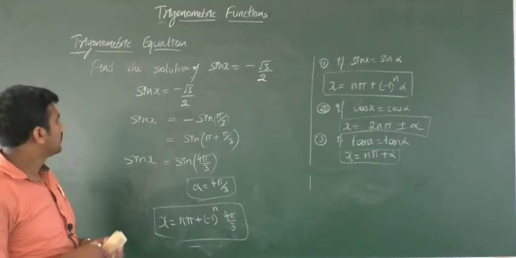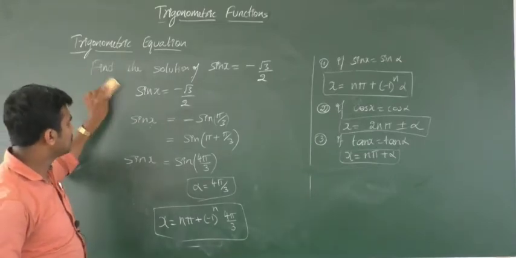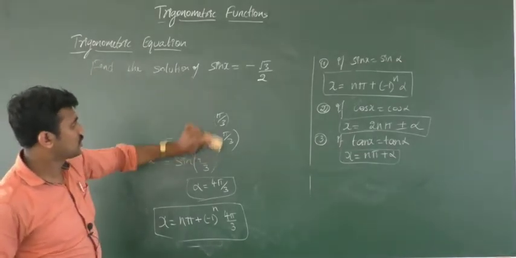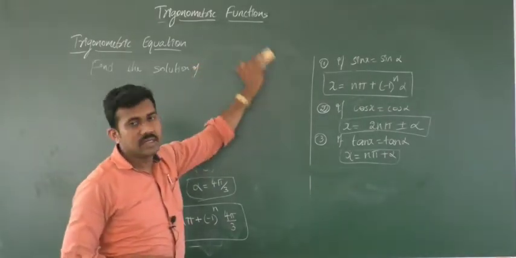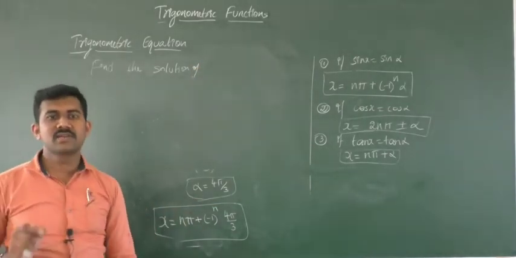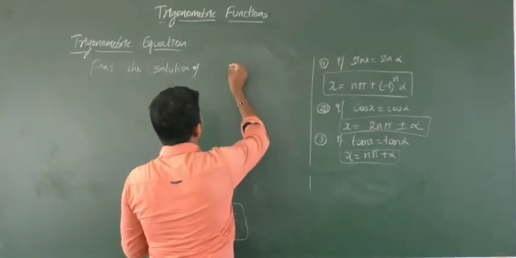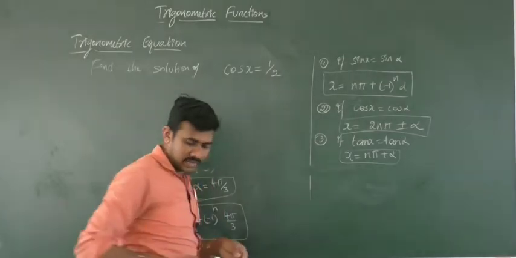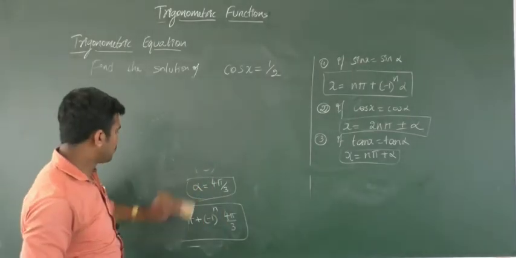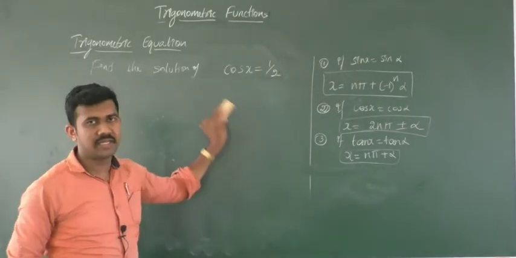Now we'll see the next question of finding the solution of the given trigonometric equation. See, here the given equation is cos x is equal to half. So here we can find the principal solution directly.